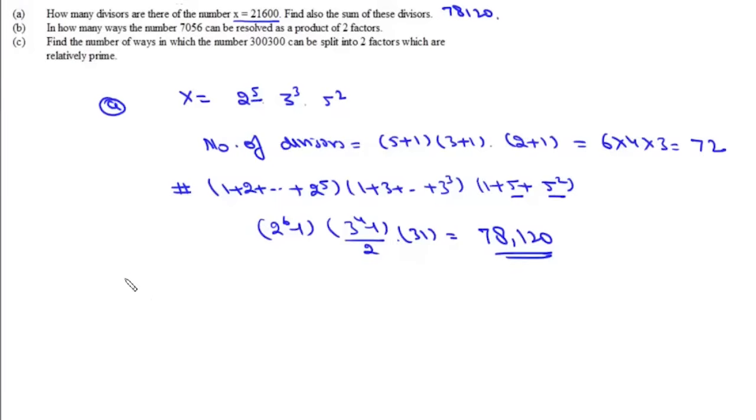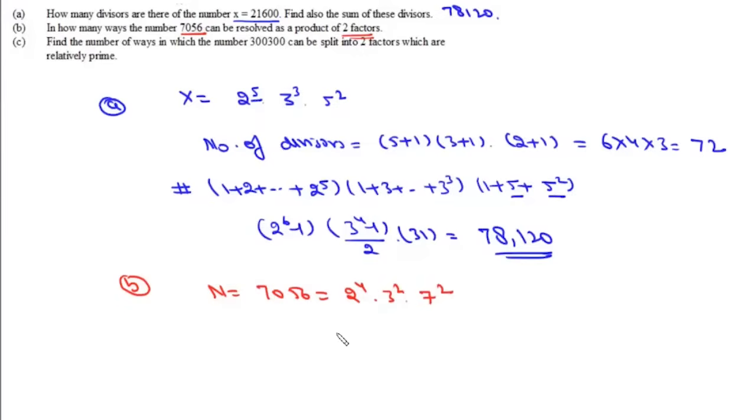Now part B is, we need to find the number of ways in which 7056 can be resolved into a product of 2 factors. Now we can write this 7056 as 2 to the power 4 into 3 square into 7 square.